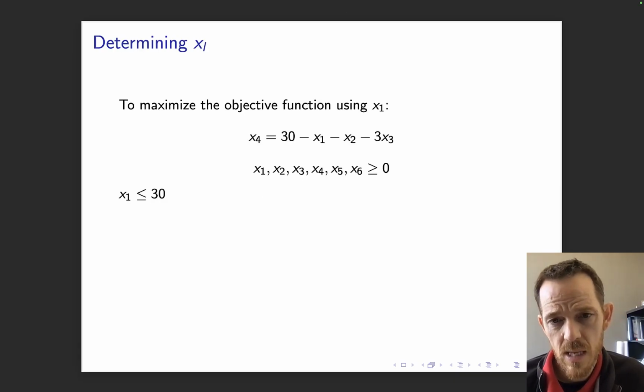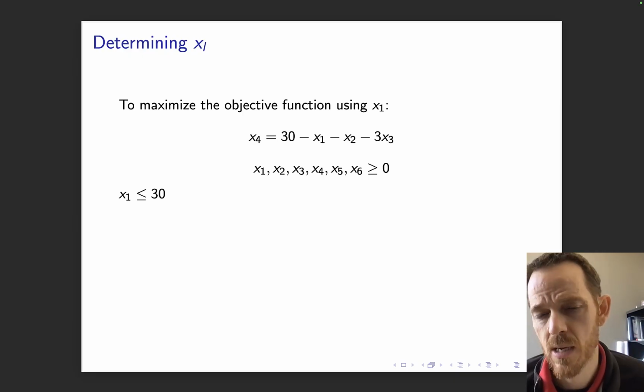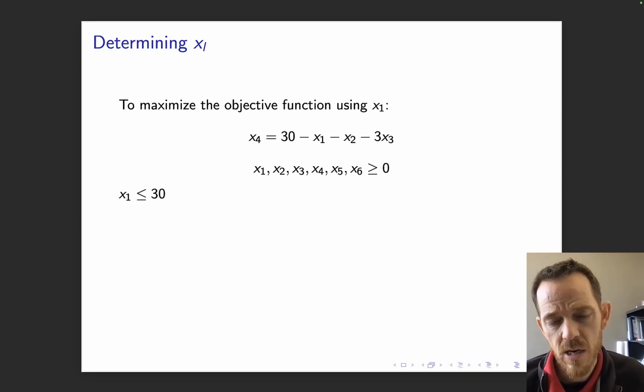Now we want to look at the different equations, our constraints, and see what they mean in terms of x sub 1. For the first one, the equality set to x sub 4, the largest that x sub 1 can be is 30.